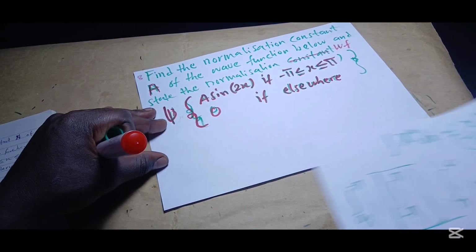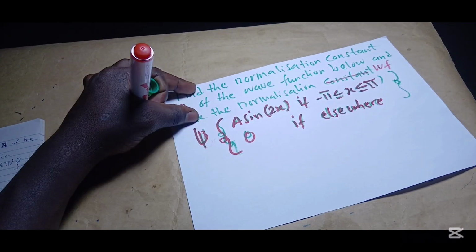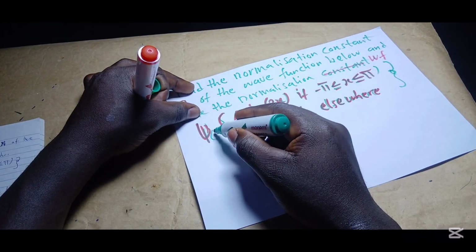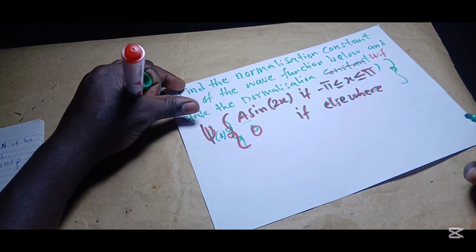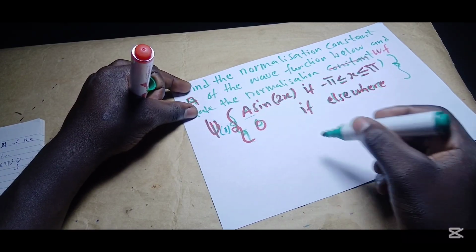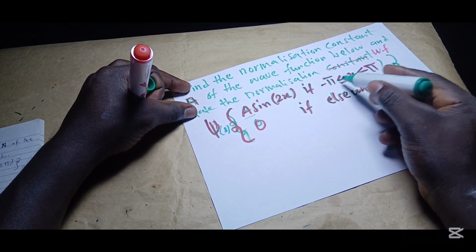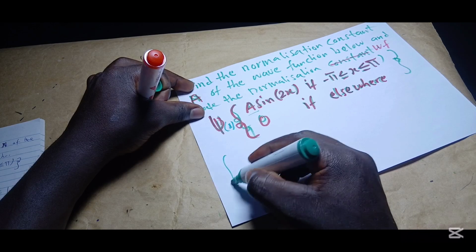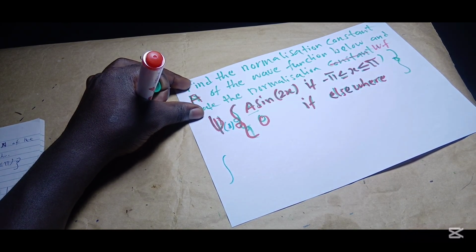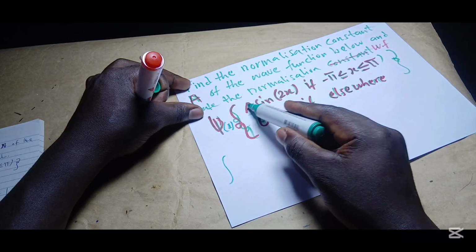Now let's start solving. In this case, the normalization constant has already been introduced into the wave function, so there's no need for us to introduce a normalization constant again. We just have to take the absolute square of that and integrate with the given limit, negative pi to positive pi. To normalize this wave function, we need a normalization constant, a value to multiply by the wave function, which is a here.